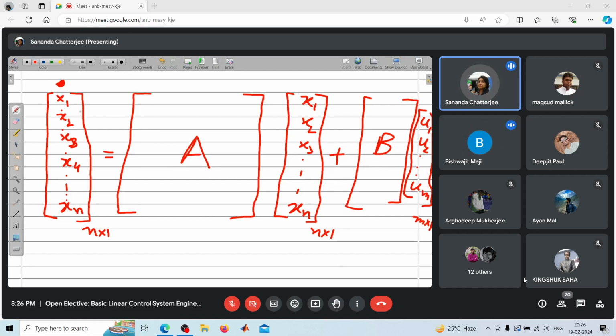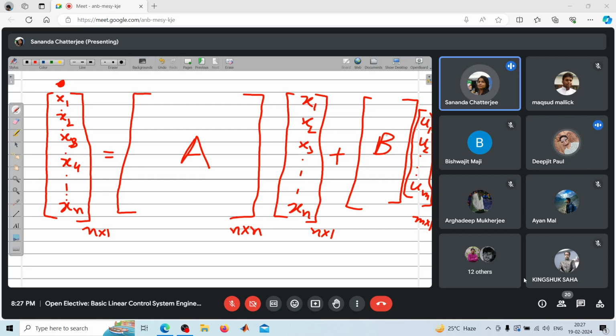So the A matrix will always be a square matrix, n cross n, depending on the order of the state vector.